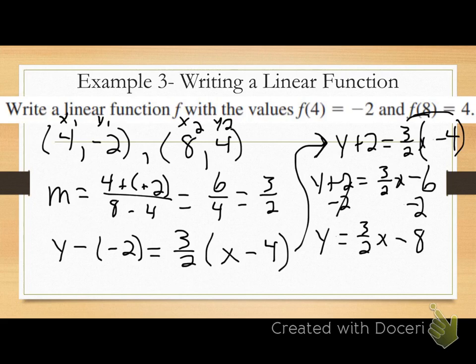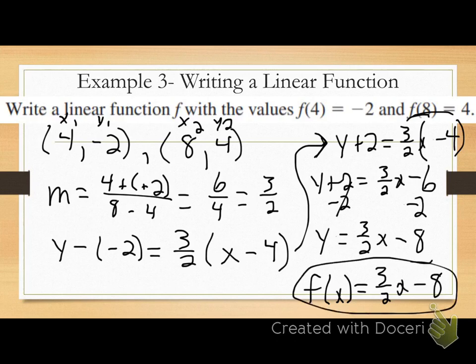If I want a function f, change my y to f of x, right? There would be my function f. Okay?